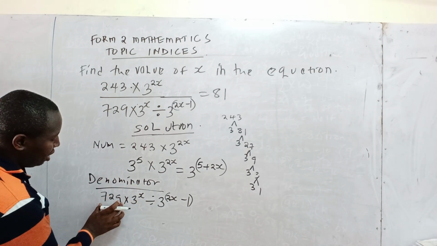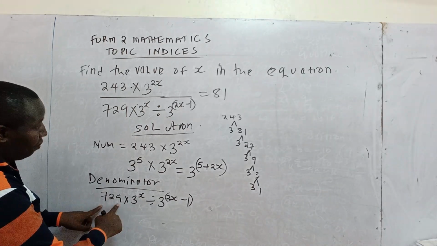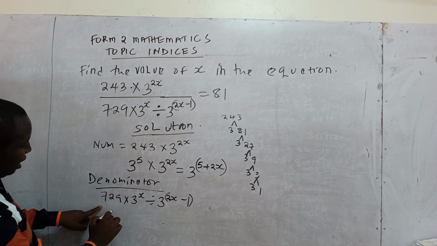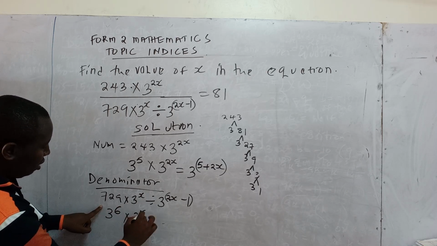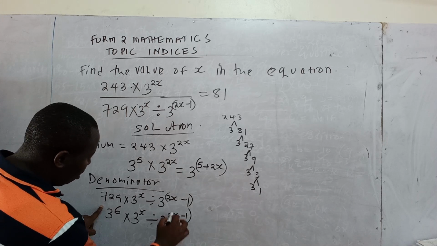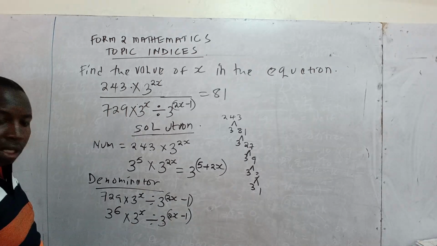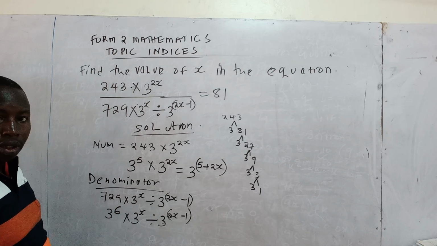So you can express this number in terms of its prime factors. If you express 729 in prime factors, you get 3 to the power 6, times 3 raised to the power x, divided by 3 raised to the power 2x minus 1. In its prime factors, 3 to the power 6 is 729.